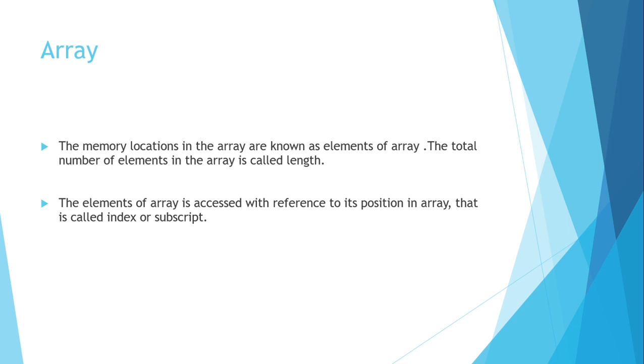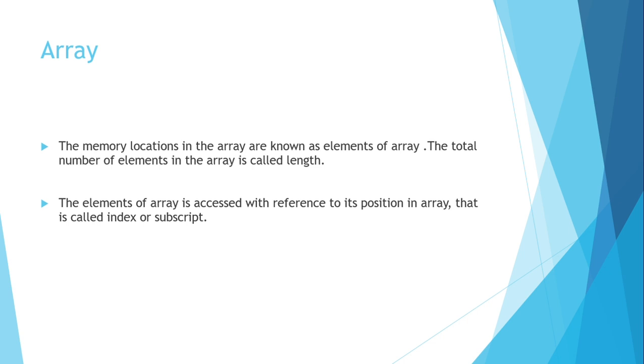Many integer values can be stored together in arrays. The memory locations in the array are known as elements of the array. The total number of elements in the array is called the length. Suppose A of 6 is given: it allocates 0 to 6, that is 7 spaces in memory, and that is known as the array length.